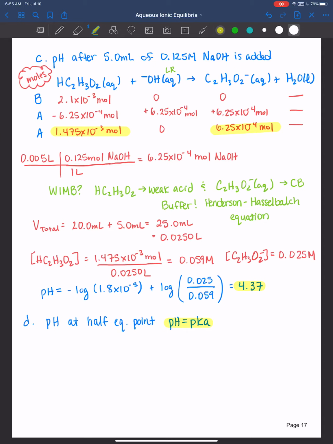The reason why that is at 1/2 the equivalence point, the concentration of the weak acid is equal to the concentration of its conjugate base. Basically, you've converted half of that weak acid into the conjugate base by adding the strong base, the sodium hydroxide.